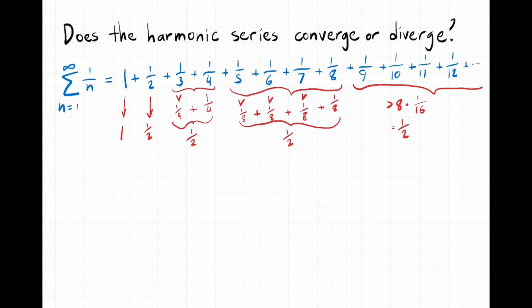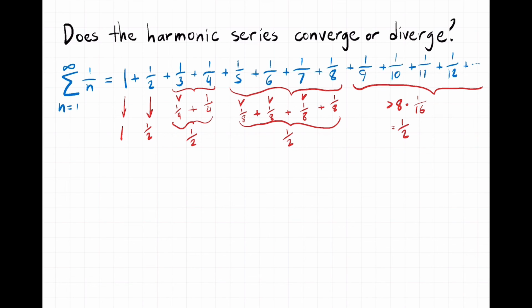So if we go down the line here, if I add up enough terms each time, I can keep on adding a half, plus a half, plus a half, plus a half. However many 1/2s you want to add, you can find a point far enough down that series where you've added up enough terms to go beyond that. If you want the sum to be greater than 1,000,000, well, 1,000,000 is 2,000,000 halves.